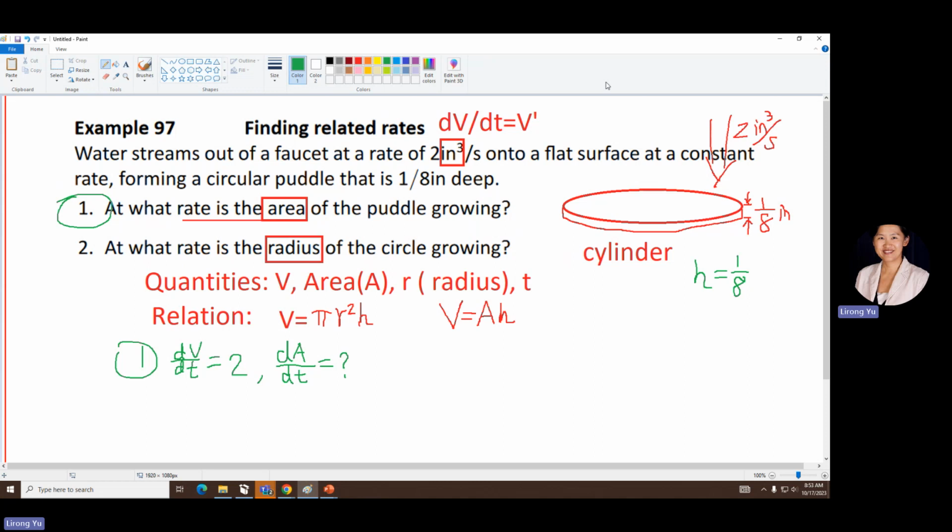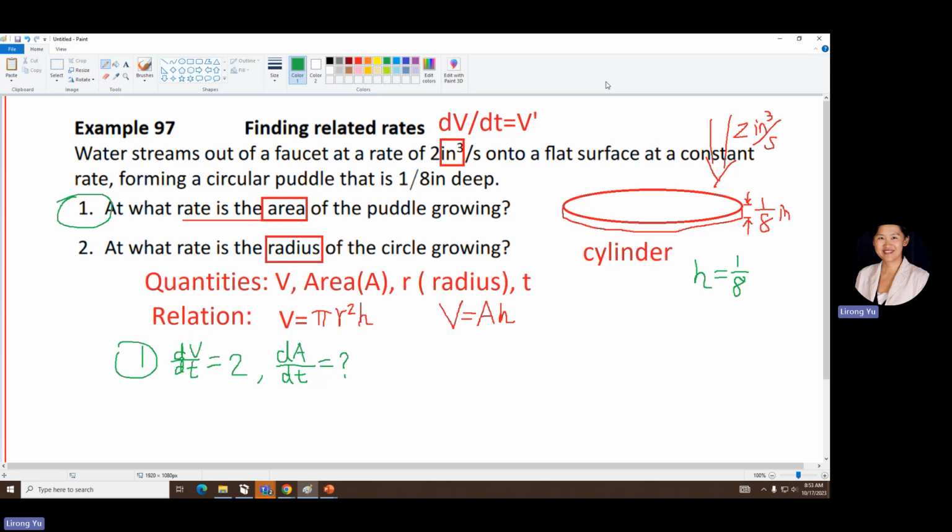If you want to find the relation between the two, number one thing is you've got to find the relation between V and A, right? In order to find the relation between their derivatives, you have to first find the relation between their original quantities. So the relation between V and A is what's necessary to answer the question. Volume is 3-dimensional, area is 2-dimensional, but the height is one other dimension.